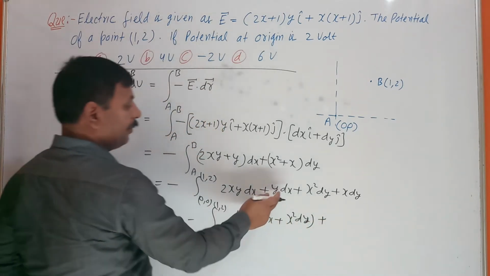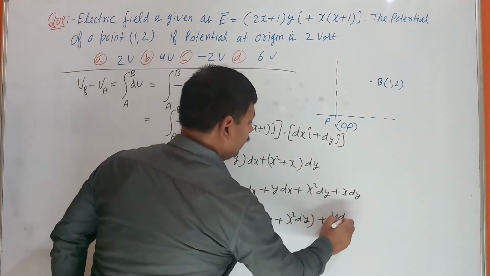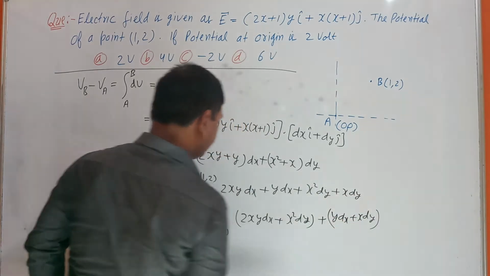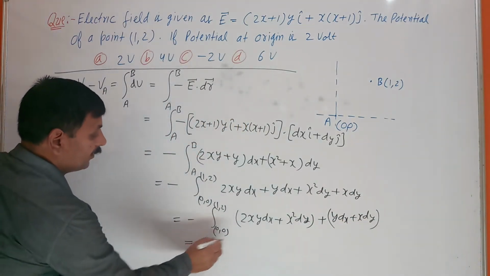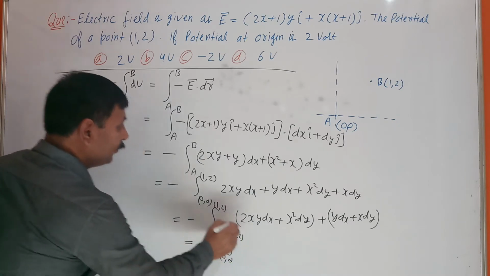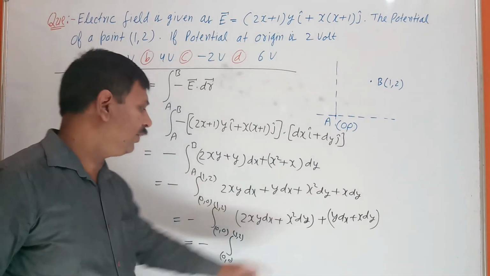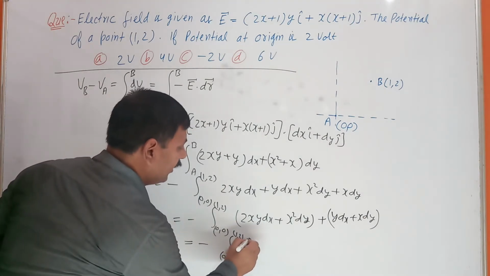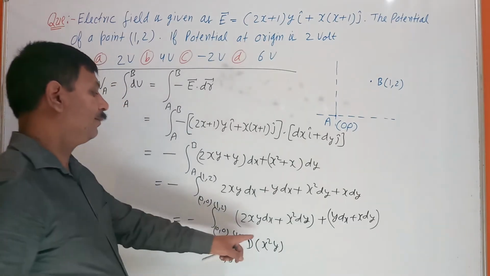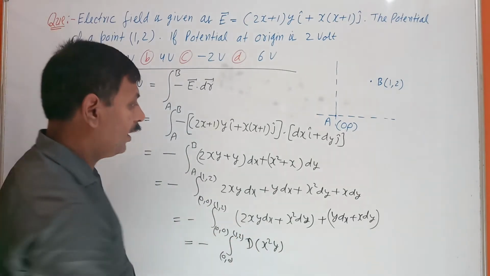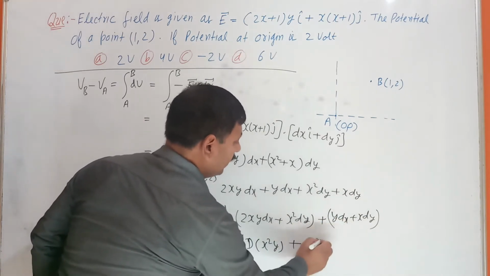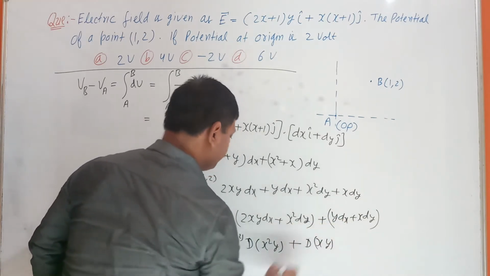This I have taken separately, y dx plus x dy. See here, this can be written as the integration from (0, 0) to (1, 2) of the differentiation of x square y, and this can be written in differentiating form as d(xy).